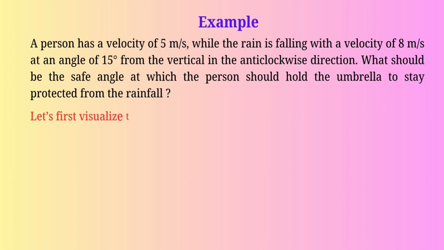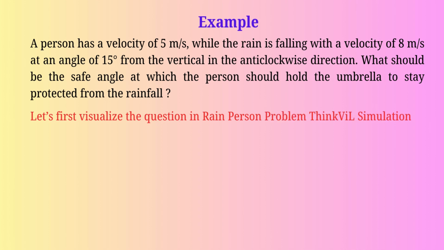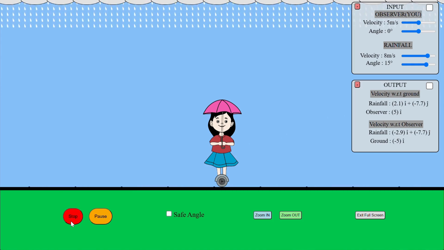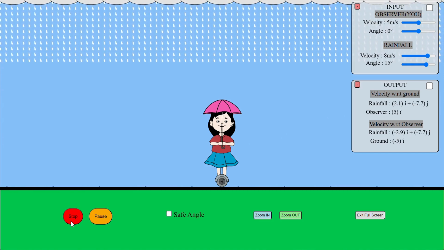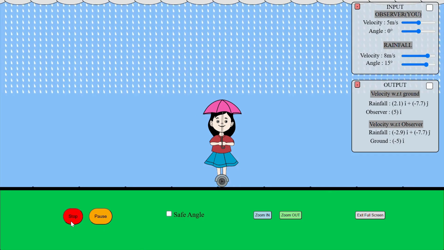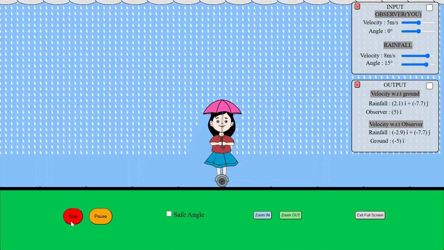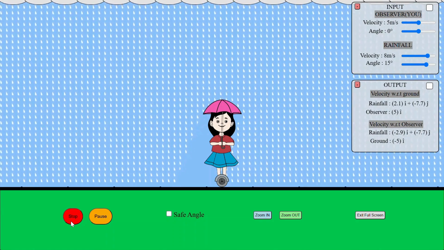Let's first visualize the question in rain-person problem ThinkViL simulation. Now, open the simulation and enter all the given inputs. Now, start the simulation. Here, you can see that without the correct umbrella angle, the observer is not protected from the rainfall.